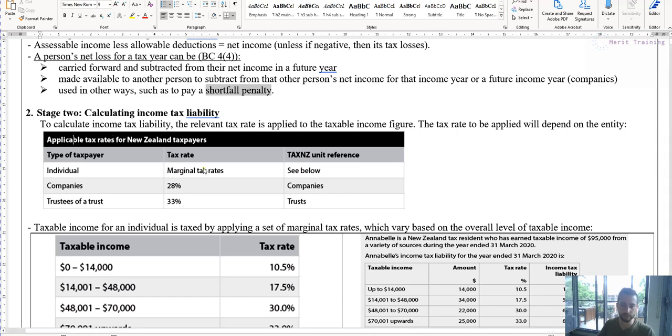If you're an individual, you're going to get taxed at marginal rates, as I explained before and referenced down here in the table. If you're a company, you're going to pay a flat 28%. If you're a trustee of a trust, and we'll talk about trusts later, it's a difficult concept, but it's another type of entity, you pay 33%.